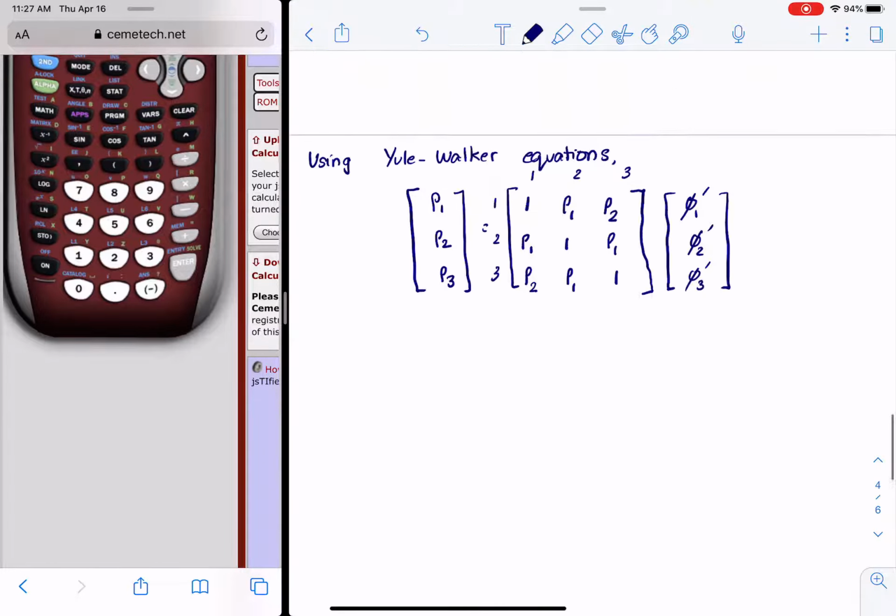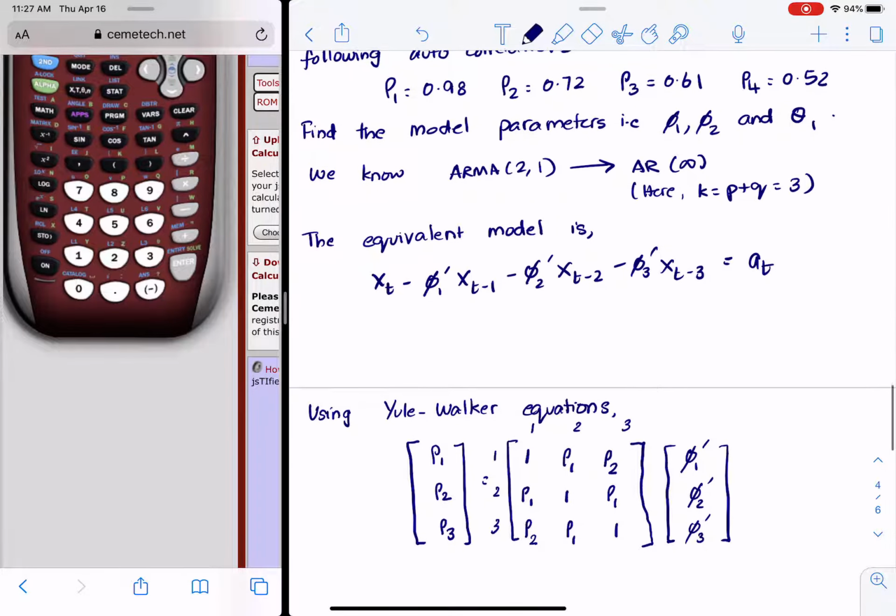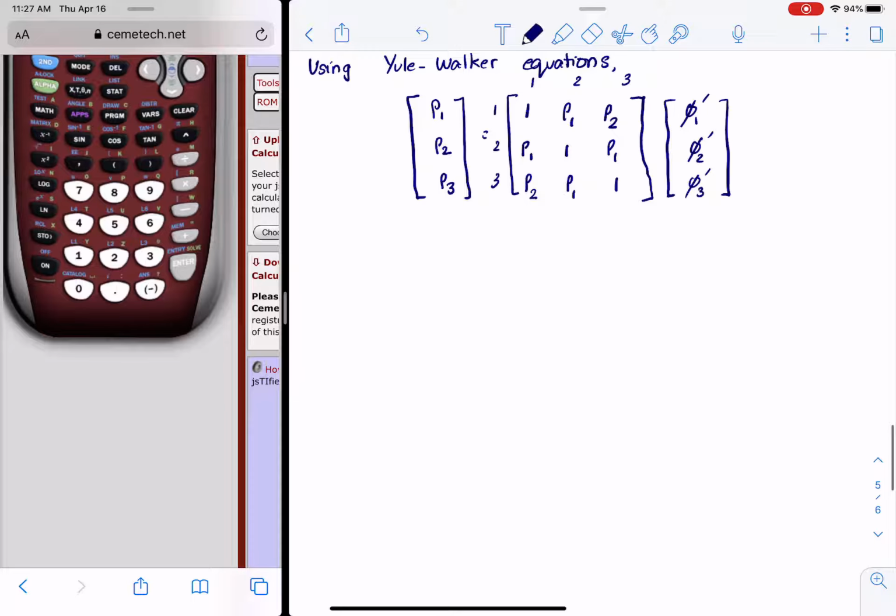So we could go on and plug in these values, 0.98, 0.72 and 0.61.